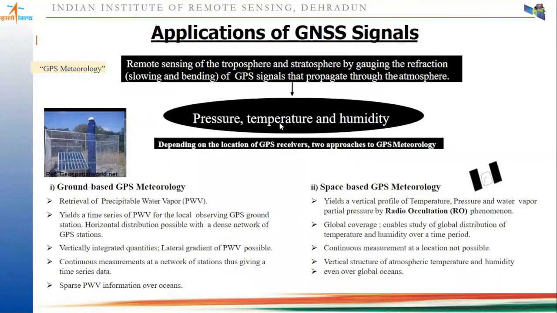In the ground-based approach, if you see the left side, there is an antenna which is fixed. You can see the nearby solar panel for power purposes. We may fix it in an enclosure as well, wherever we want to study a particular location.